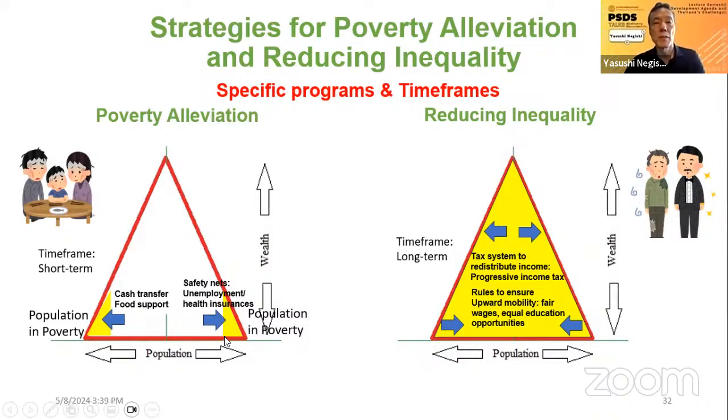So we need to provide such unemployment insurance for those people. And also we should provide health insurance. When they become sick, they would lose incomes. Then the government should have a system to cover their medical costs. So these are the programs of how the government supports when we tackle poverty alleviation.